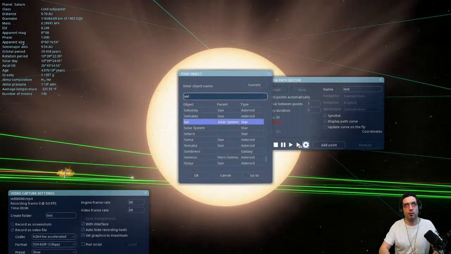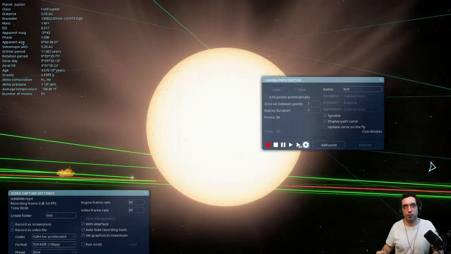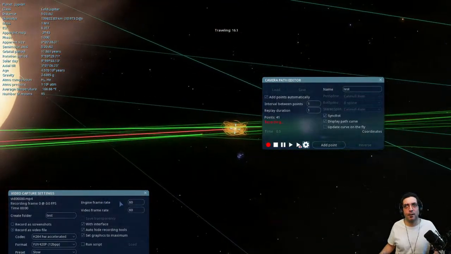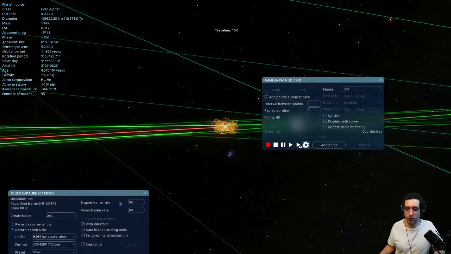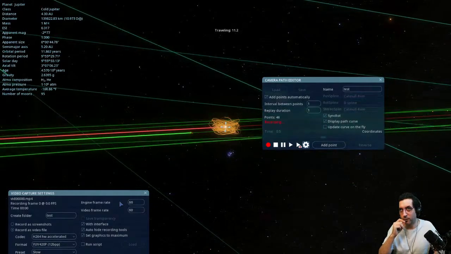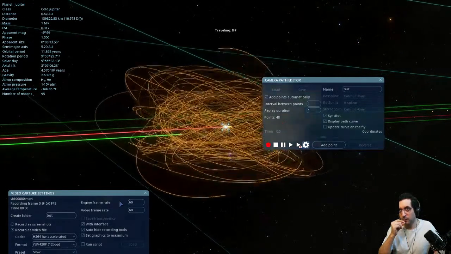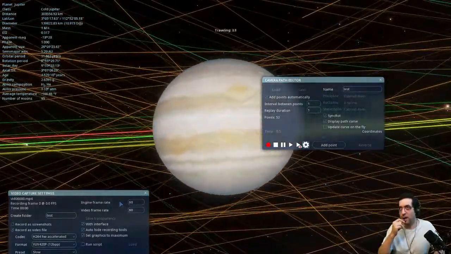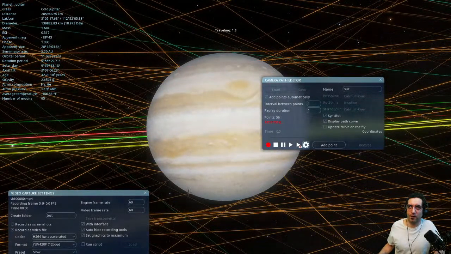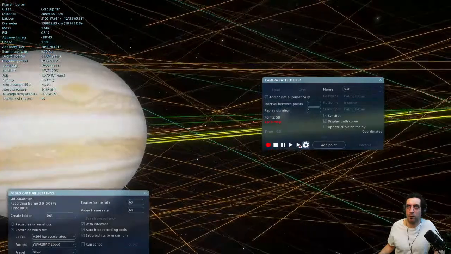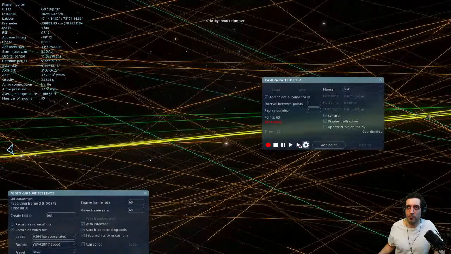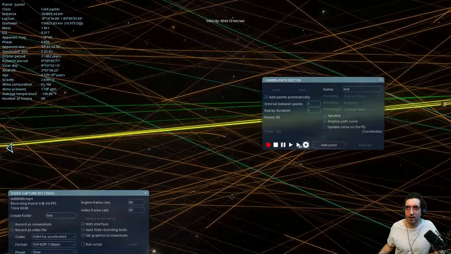So if I do Jupiter, we'll do a quick tour, and then I'll show you guys a demonstration. I'm going to do a very brief one because it can be very CPU intensive. Right here, we're in the Jovian system now. I can either continue to do it like this, or once I'm in position, I can manually fly in like I'm doing now. Obviously, the speed could be a little jerky without a gamepad.